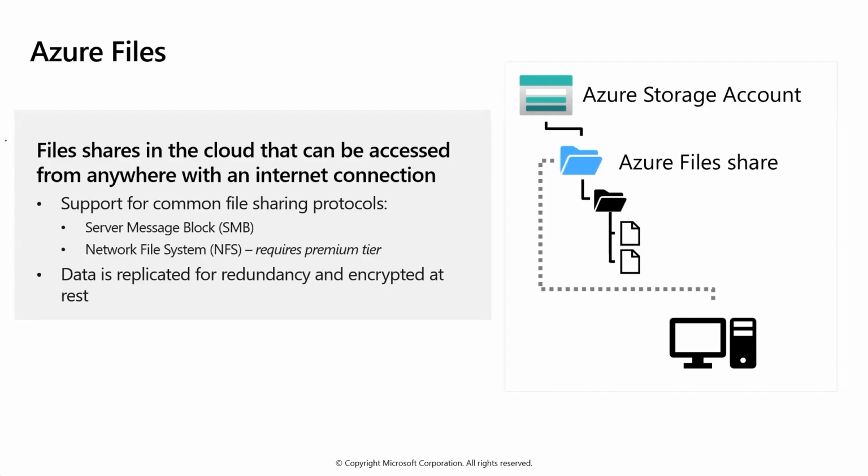And how do you share these files from an on-prem system to cloud? There are two ways of doing it: Server Message Block, and NFS, which stands for Network File System. SMB works across Windows, Linux, and Mac OS, so it is cross-OS. However, NFS works only on Linux and Mac OS.